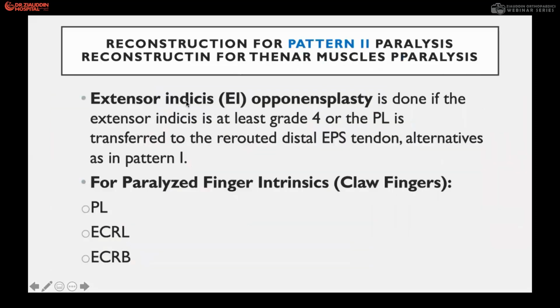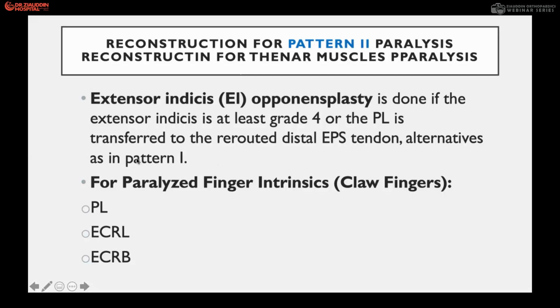Here it shows the extensor indicis opponensplasty, done if the extensor indicis is at least grade 4, or the palmaris longus is transferred, rerouted distal to the extensor and distal part to the extensor pollicis superficial tendon.